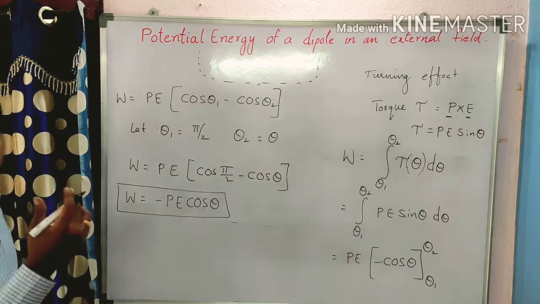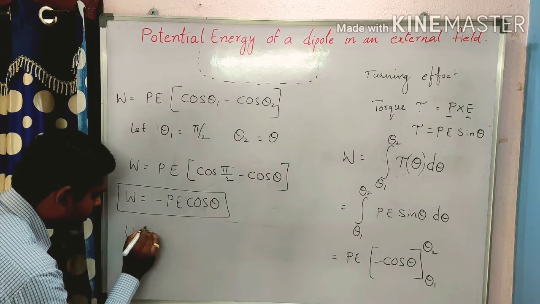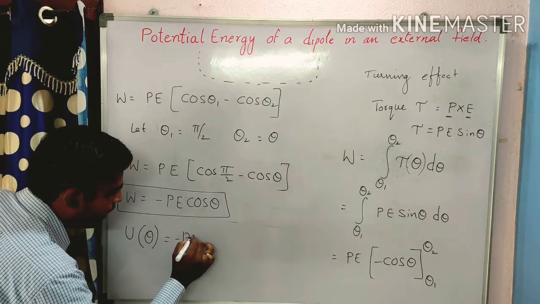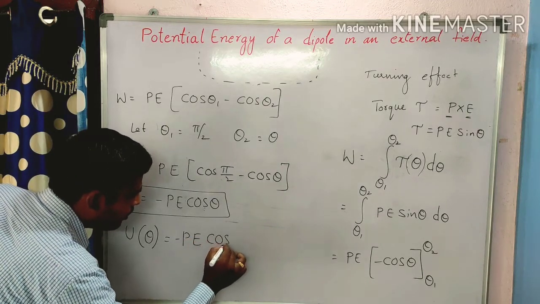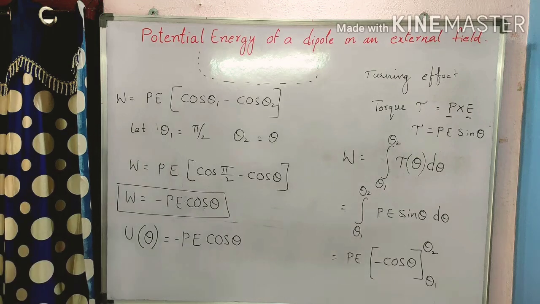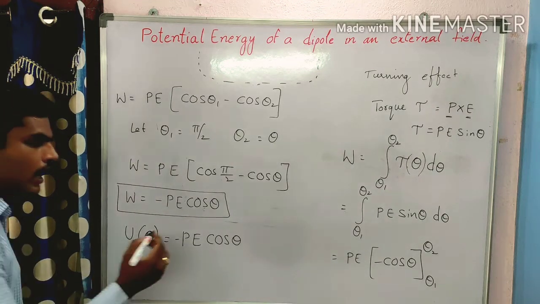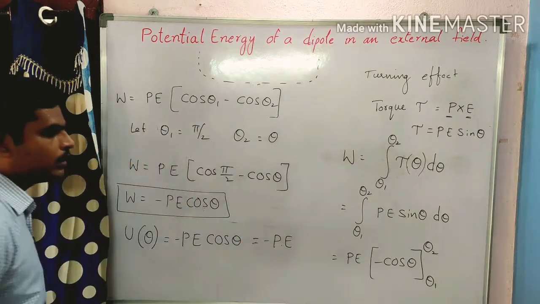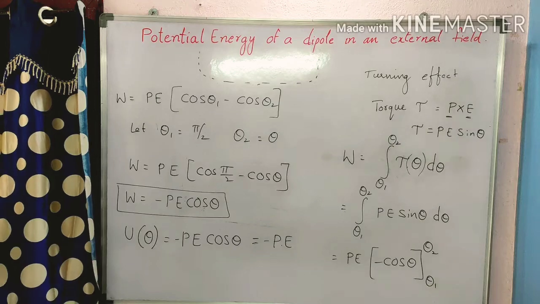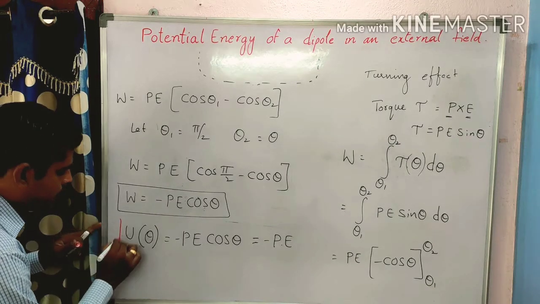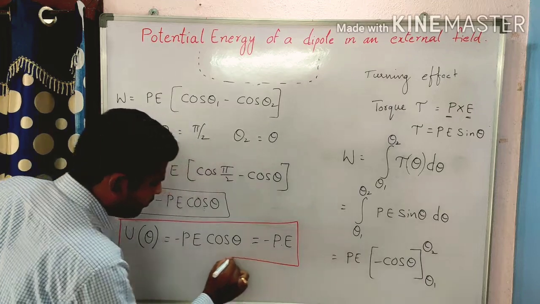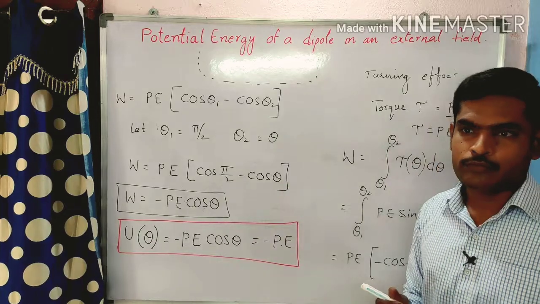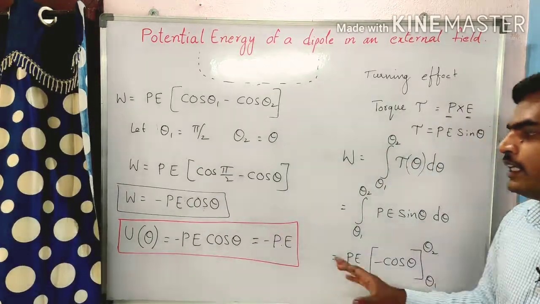Now the potential energy U(theta) is equal to minus PE cos theta, or else I can write this as minus P dot E. So this is the potential energy of a dipole in an external field.